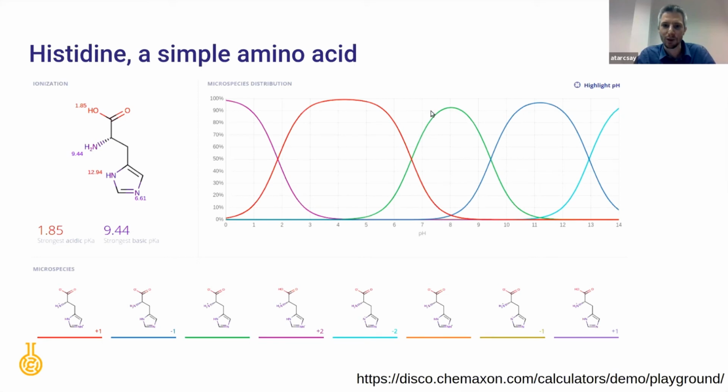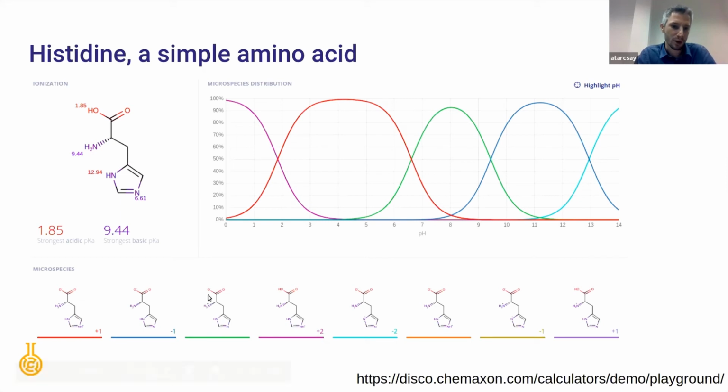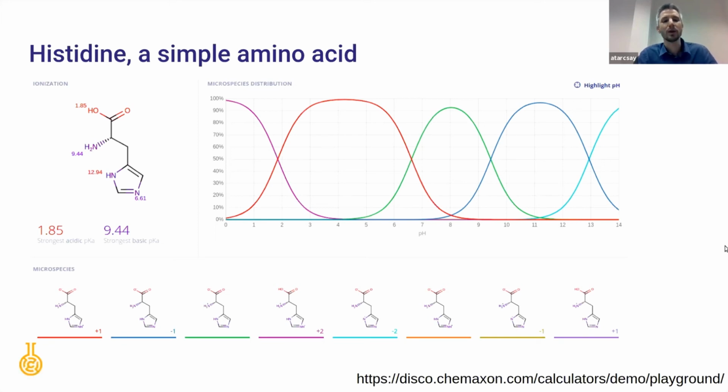At pH 7.4, you will observe this green one, which has zero net charge. One of the amines is positively charged, the carboxylic acid is negatively charged, but you will also have this other microspecies in the system where you have two positive and one negative charge.